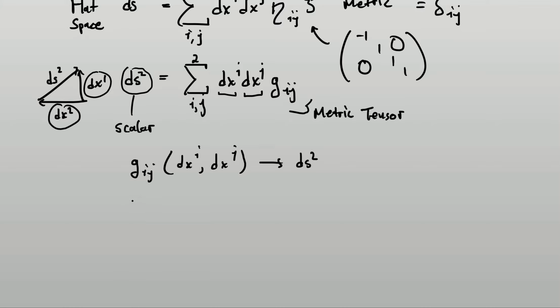So a rank 2 tensor takes two vectors and outputs a scalar. So two vectors go into a rank 2 tensor, and we get a scalar out of that. And the scalar represents the magnitude of some distance.